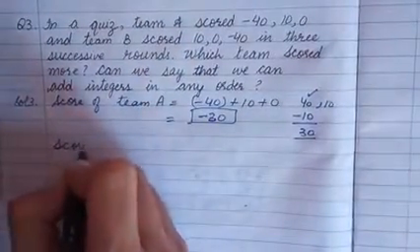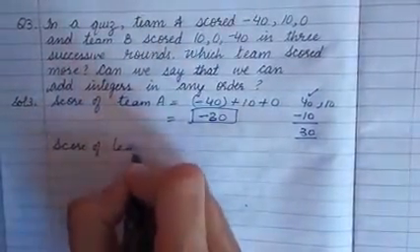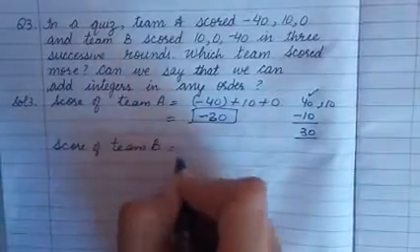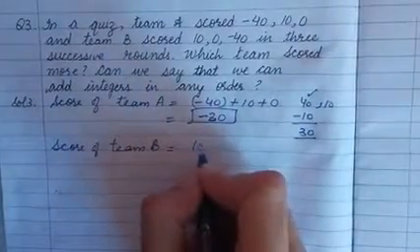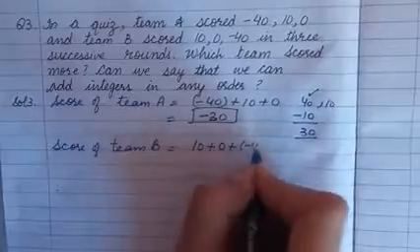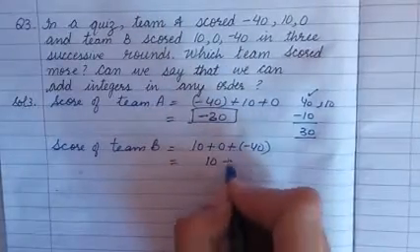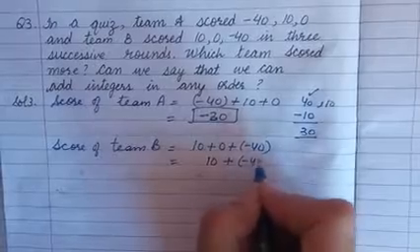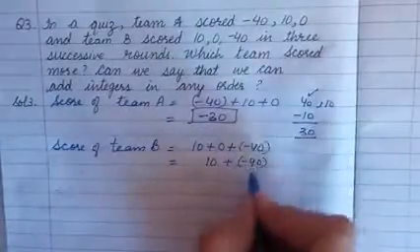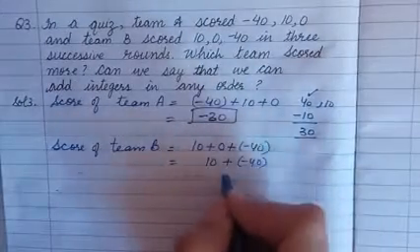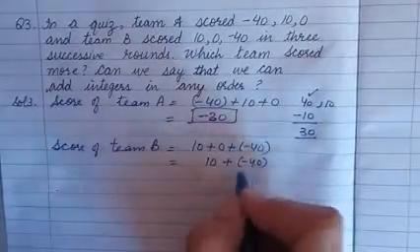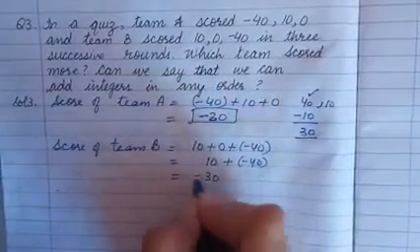Now the score of team B is 10 plus 0 plus -40. 10 plus 0 is 10, and here plus -40. Same situation. Ignore the signs. Subtract the smaller. Put the sign of greater. -30 will come.